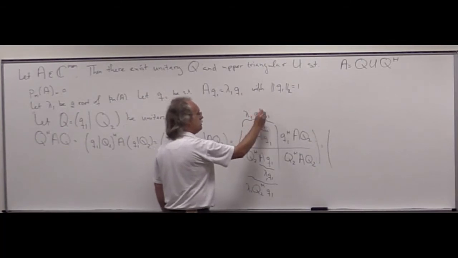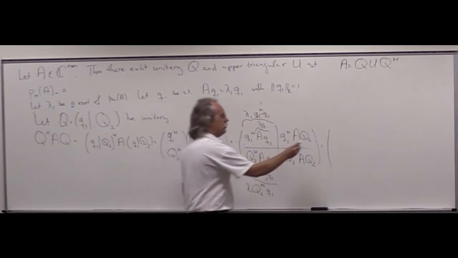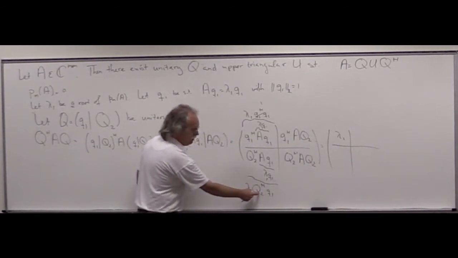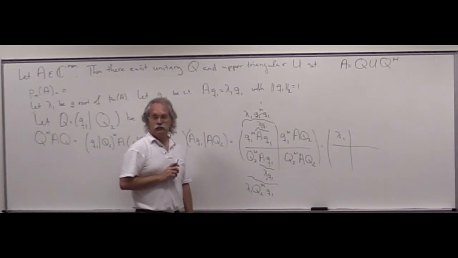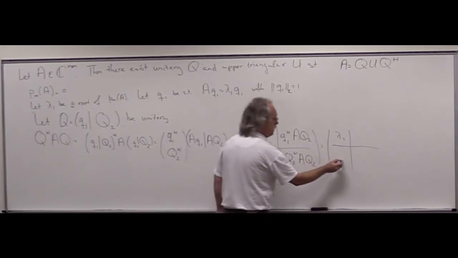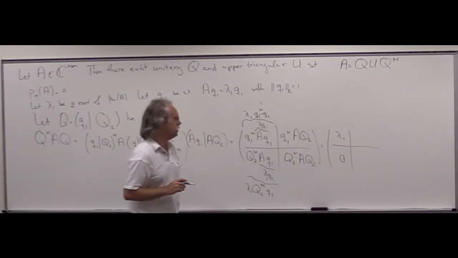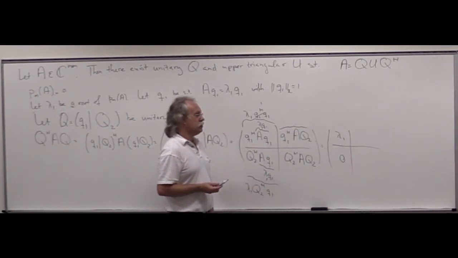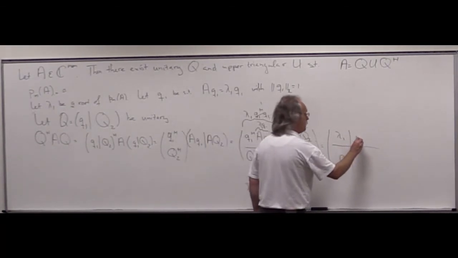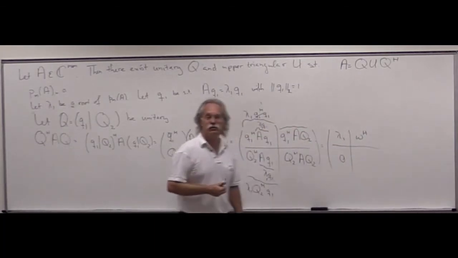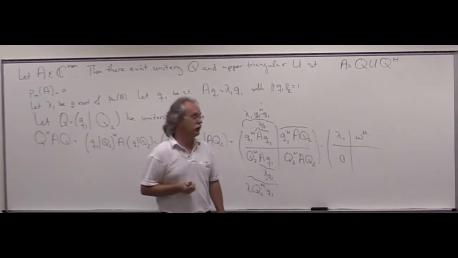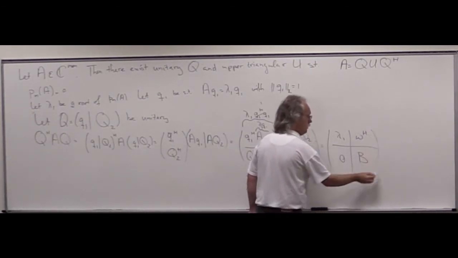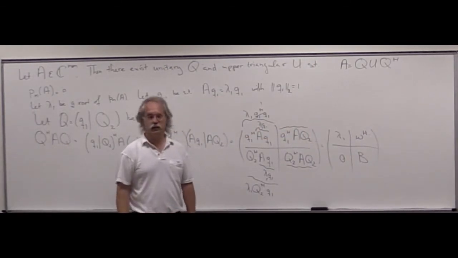And this, of course, is just 1. So this entry here becomes lambda 1. And these are all orthogonal to Q1, so we know that this becomes a column of zeros. This here we can't say a whole lot about, so we can call that W Hermitian transpose, just something. And finally, this we don't know much about, but we can call that B.